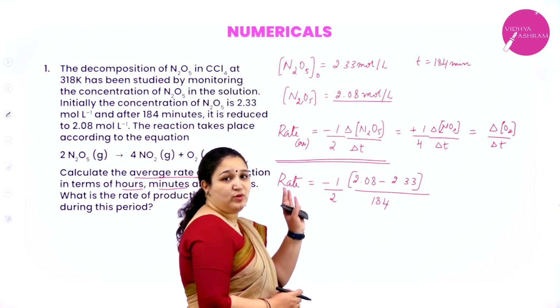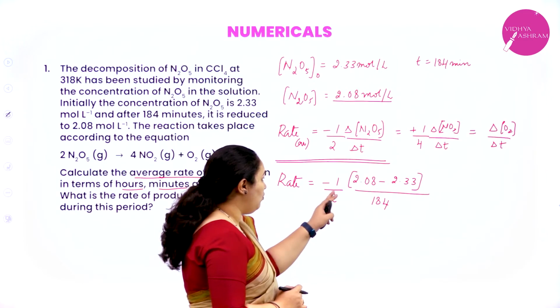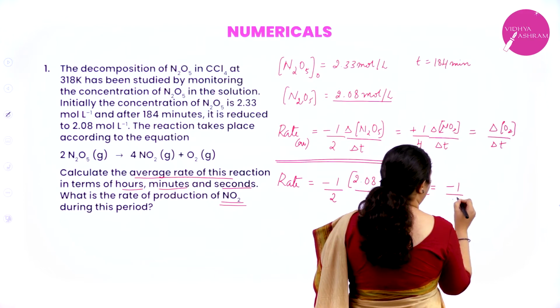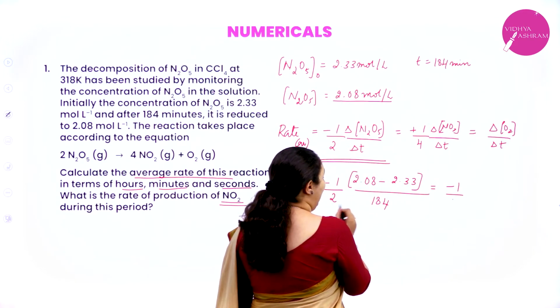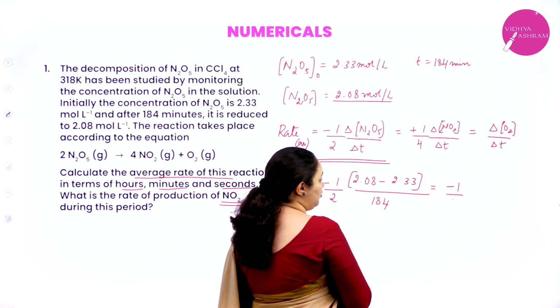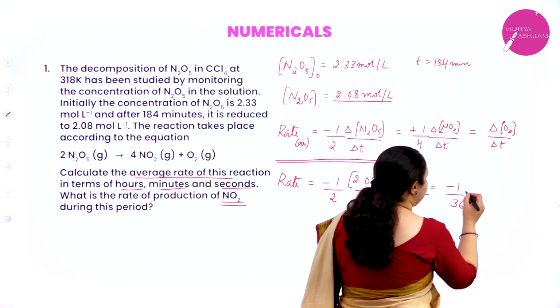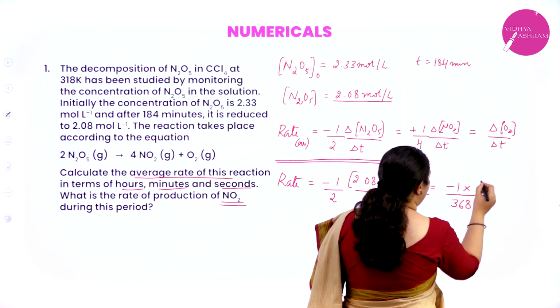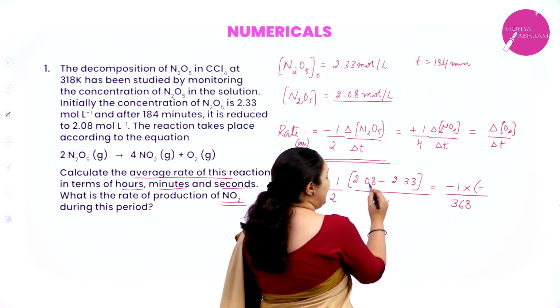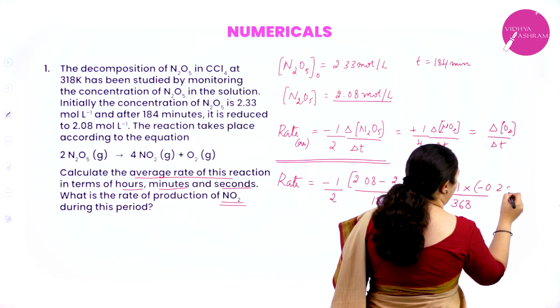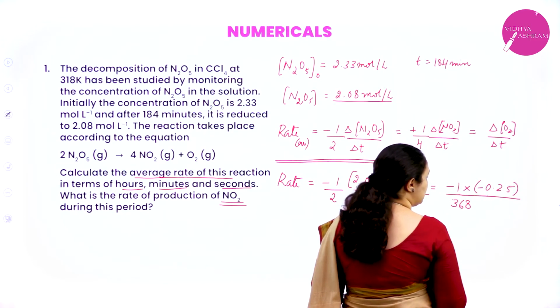So if I calculate this, what am I going to get? Minus 1 by, I'll just multiply this, 184 into 2 is 368, correct? And this is into minus, I'll get a negative value because this is higher, I'll get it as 0.25. Minus into minus is plus.